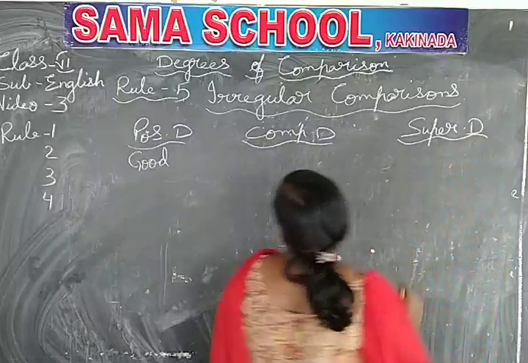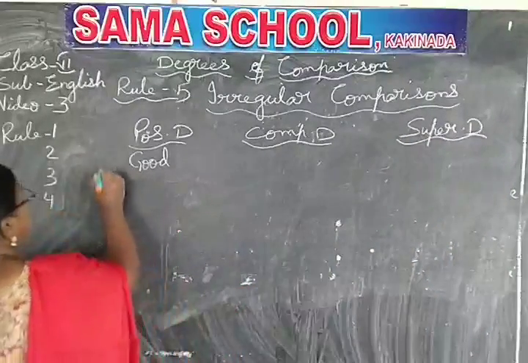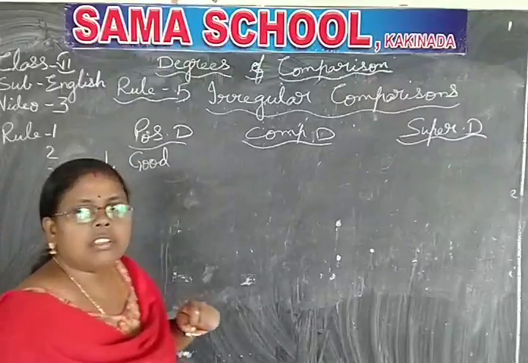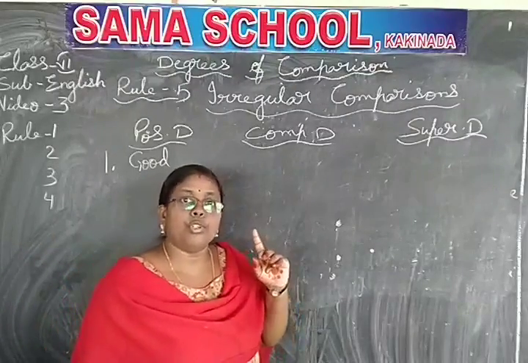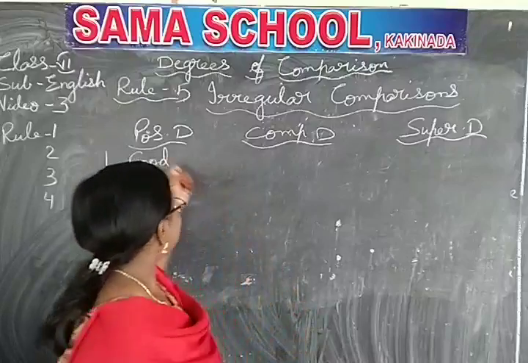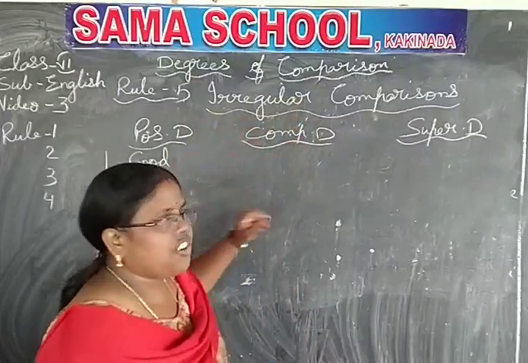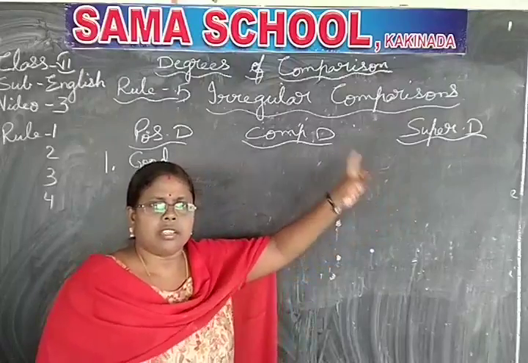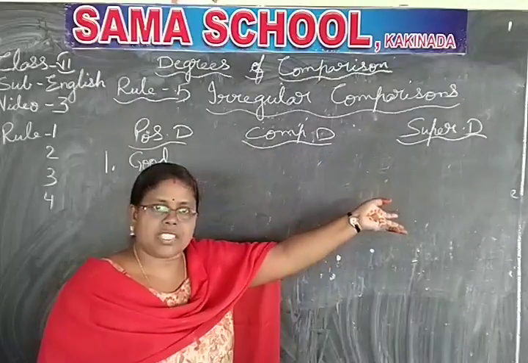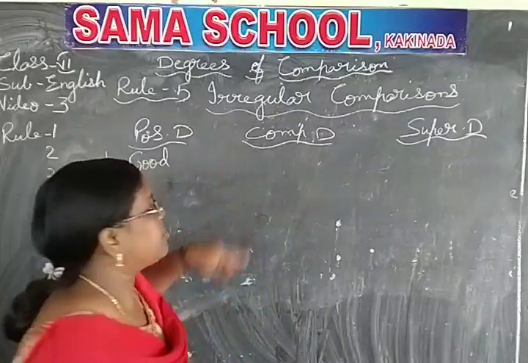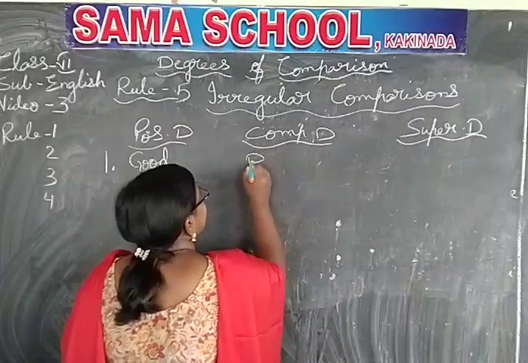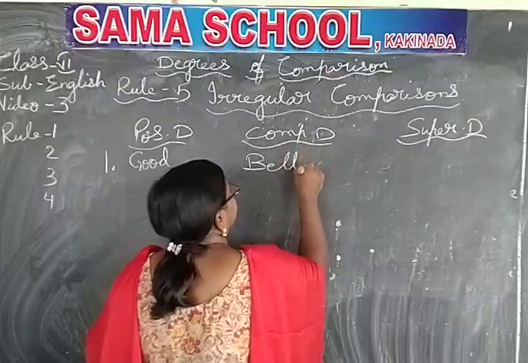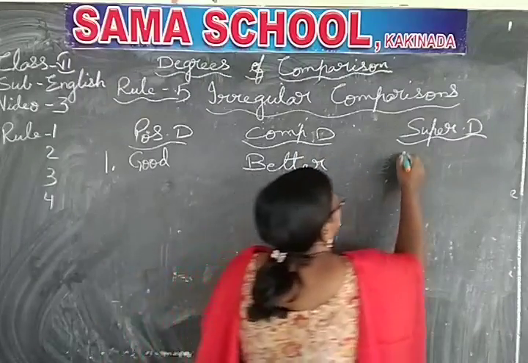Good is a one syllabic adjective, and it has irregular comparison. Gooder, goodest? More good, most good, can we say? No, we should say better, best.